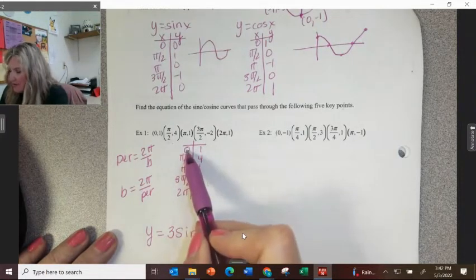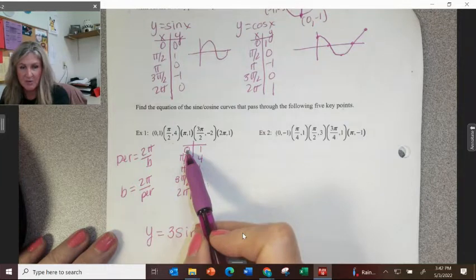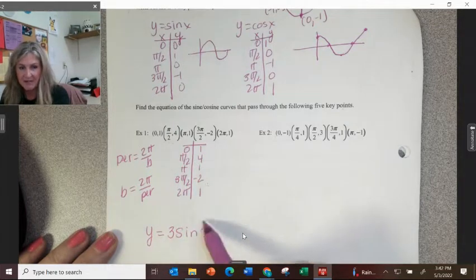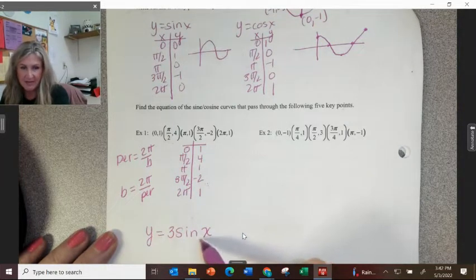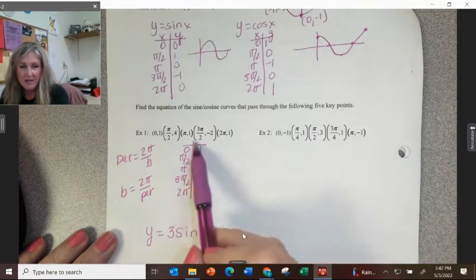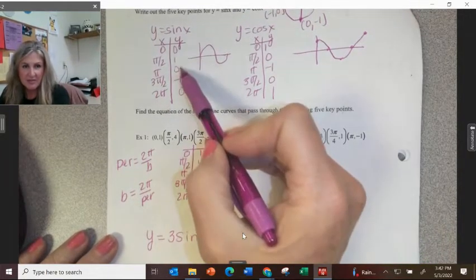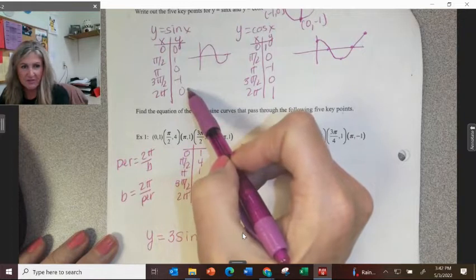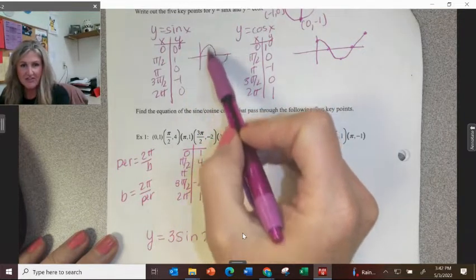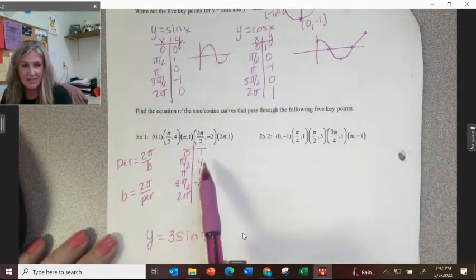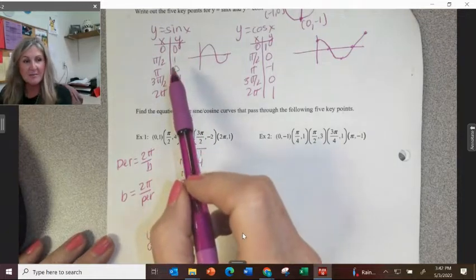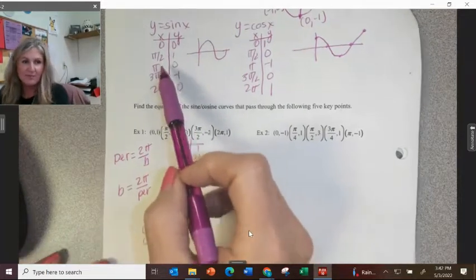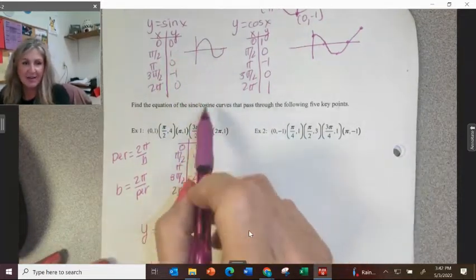Then I'm also going to look, am I starting at 0 like normal? Yeah. So I'm not going to have a shift right or left. It's just going to be x. Now these are supposed to be zeros, this first, third, and fifth. But if I've had a shift up or down, then that's going to change. And that's going to give me that d value, or sometimes we think of it as a k value.